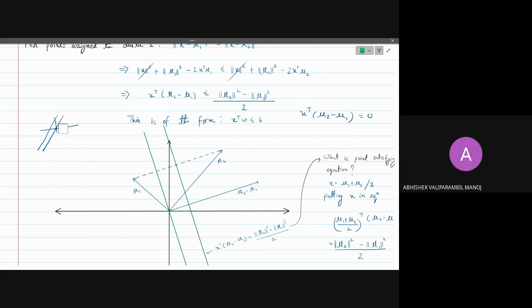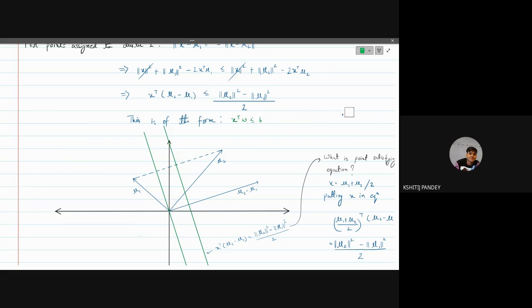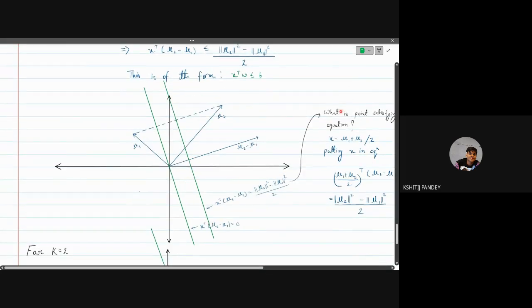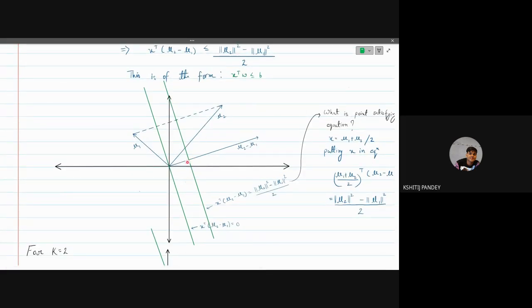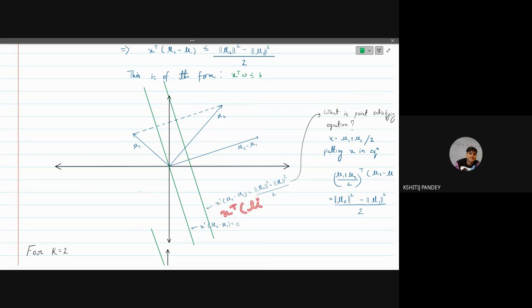Now what is this other green line? This other green line is the equation x transpose (mu2 minus mu1) equal to the average of the difference between the norm of mu2 and mu1. Correct?